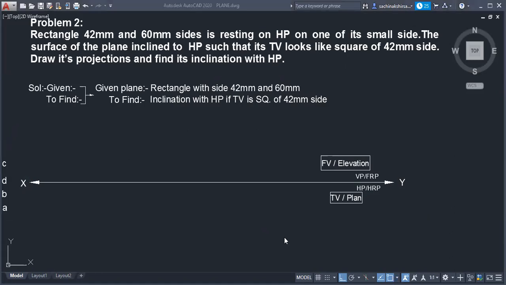Where do I have to draw its true shape? In HP or VP? Rule number 3, HP or VP?